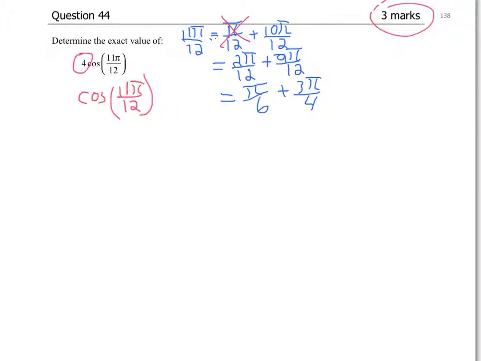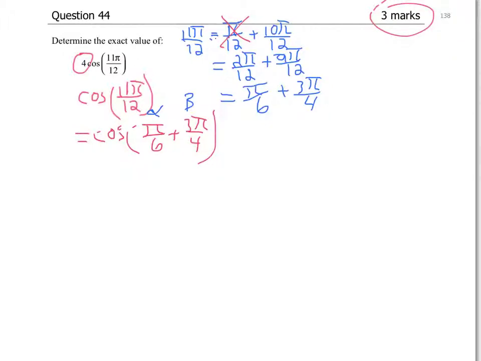So when I am going to find cosine of 11 pi over 12, instead of using 11 pi over 12, I'm going to go with pi over 6 plus 3 pi over 4. And we want to use our formula sheet for this, our cosine of alpha plus beta formula.